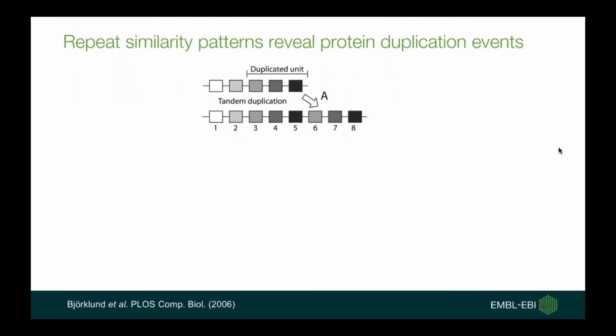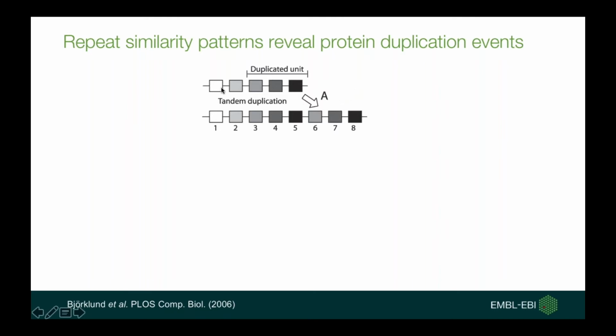So a very easy and useful analysis we can do is to analyze the similarity patterns that exist between these repeating units, or in our case domains, because we can infer some evolutionary events out of these patterns.